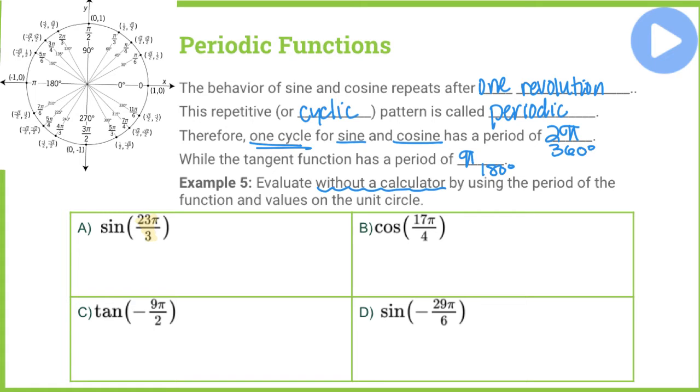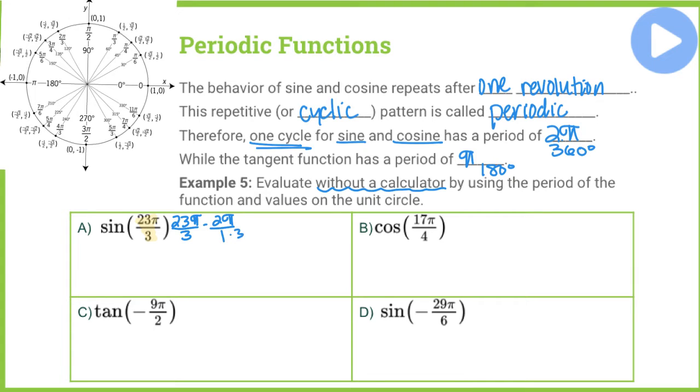So we need to subtract 2 pi from 23 pi over 3 to find a value that is on the unit circle. So 23 pi over 3 minus 2 pi over 1.